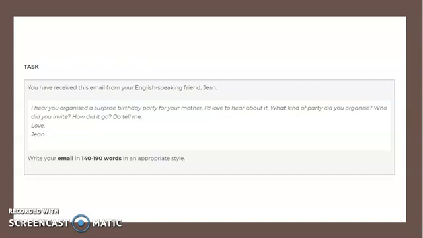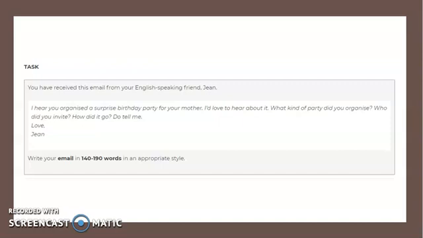This is very important for you because here you have the guide for your answer. You know you have to write to Jean and you have to answer certain things. These things are all in the rubric.